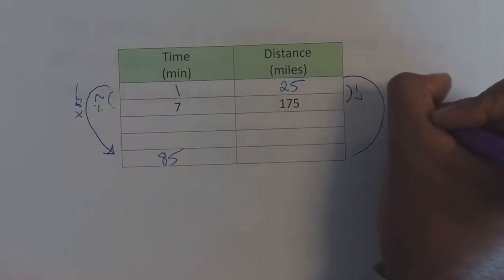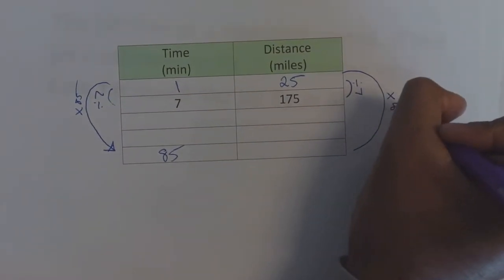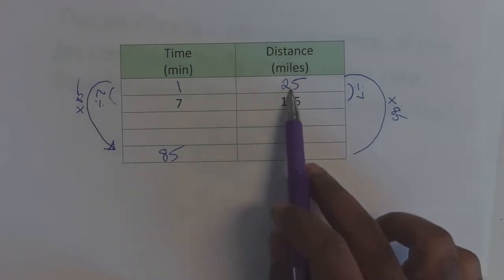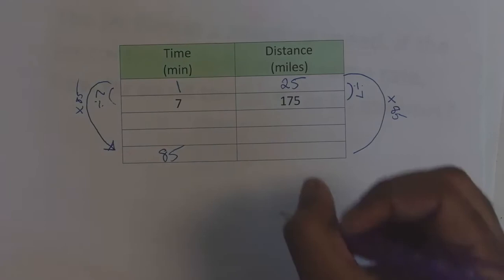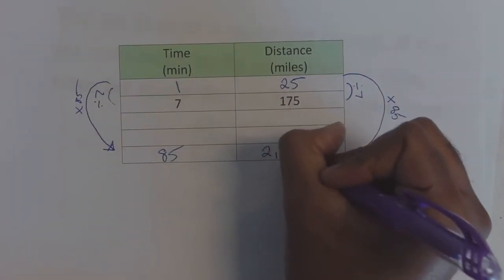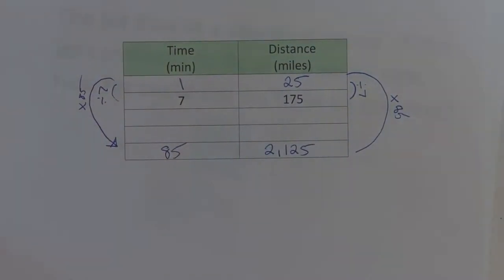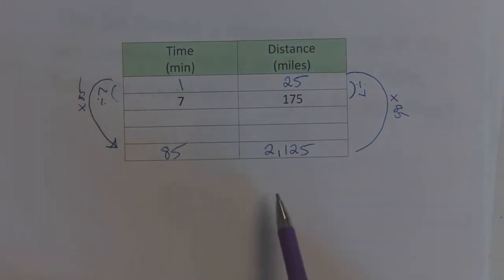So I'm going to multiply this side by 85. So 25 times 85 is going to give me what? 2,125 miles. So this lets me know in 85 minutes, the jet went 2,125 miles.